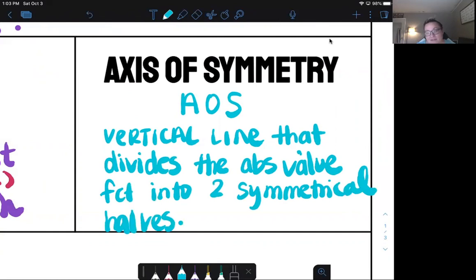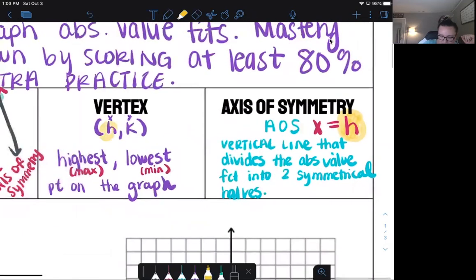The nice thing about the axis of symmetry is that the equation of the line that we will graph for the axis of symmetry is always x equals h. Where does that h come from? That h is the same x value of your vertex. So your axis of symmetry will always match the x value of your vertex.